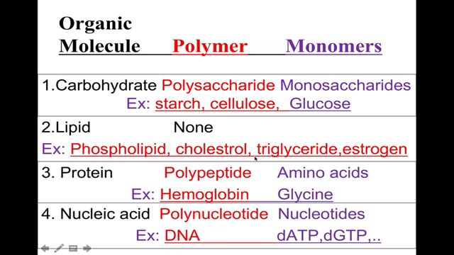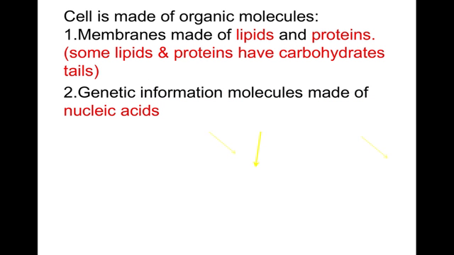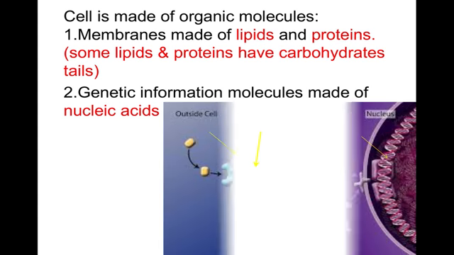What is the monomer of protein? Or give an example of a polynucleotide. Is hemoglobin a polypeptide or polysaccharide? Questions like that, get ready for those. Cell is made of organic molecules, and these make the specific parts of the cell.